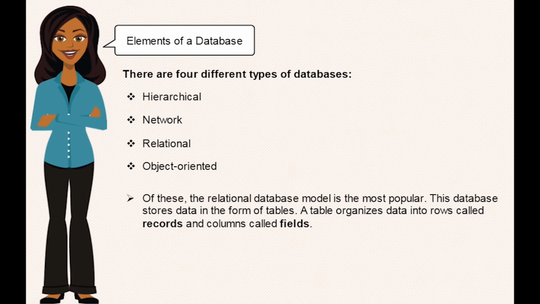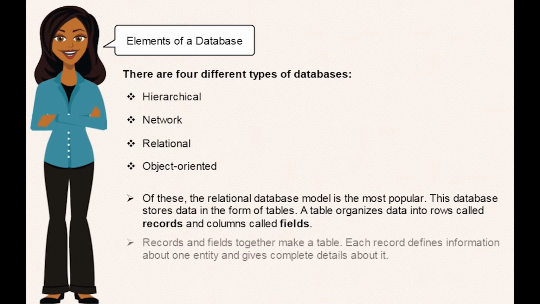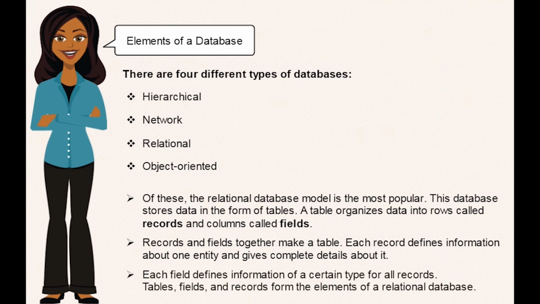A table organizes data into rows called records and columns called fields. Records and fields together make a table. Each record defines information about one entity and gives complete details about it. Each field defines information of a certain type for all records. Tables, fields, and records form the elements of a relational database.